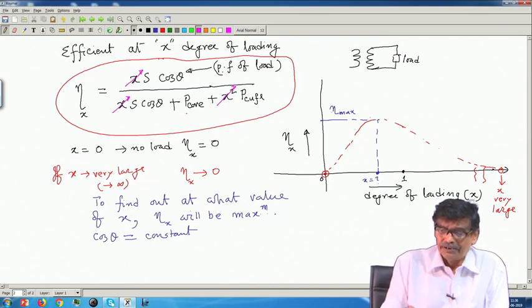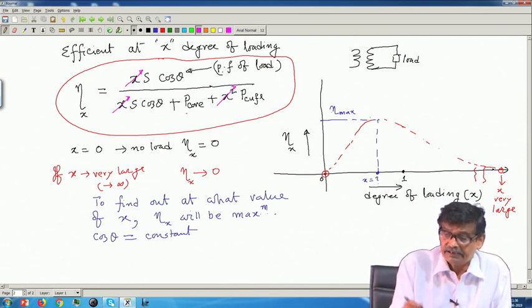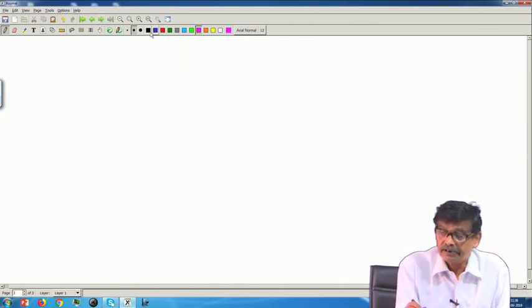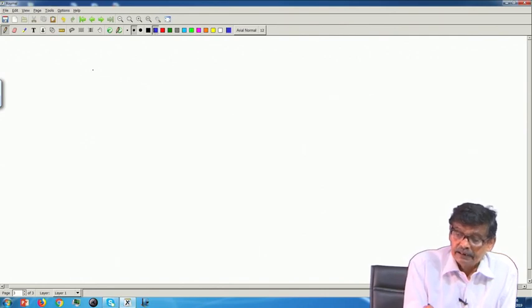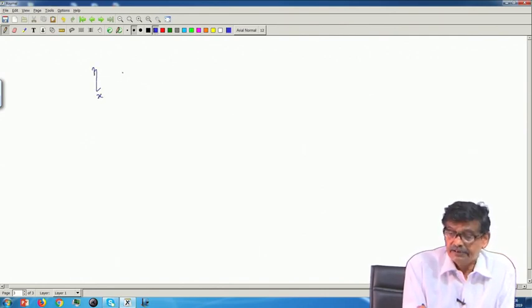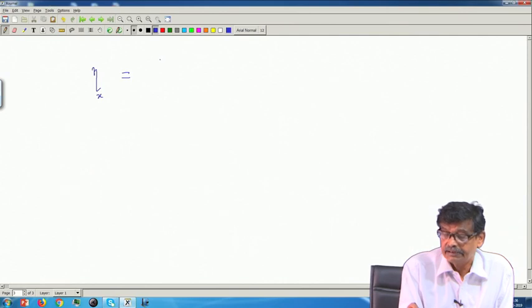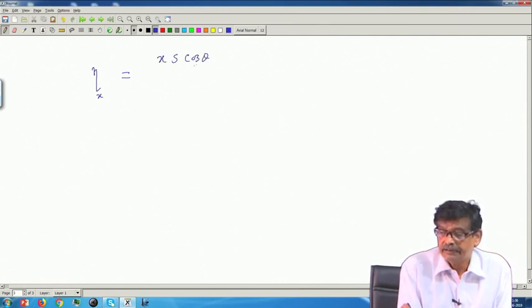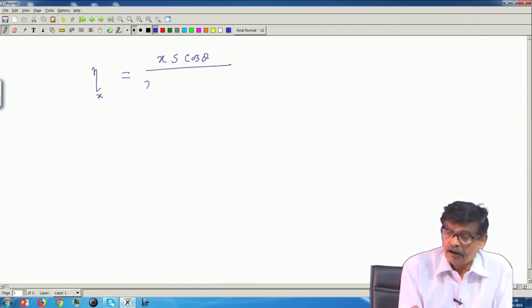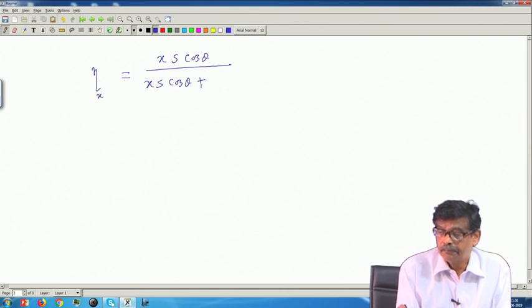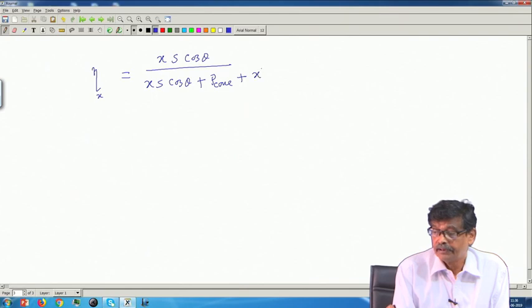To find out that one is pretty simple, because I will just maximize this function. Okay. So, I will start telling that eta at any degree of loading, I am rewriting this, is x s cos theta divided by output once again x s cos theta plus P core plus of x square into P cu full load.